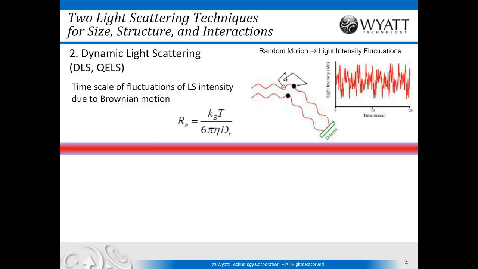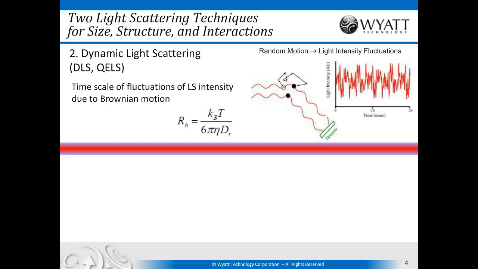And so as the light beams scatter from the particles in solution, you'll have coherent interference of the beams as they approach the detector. And depending on the distance between the particles and the distance to the detector and the angle, you'll have scattering in and out of phase, which will cause these fluctuations in intensity.